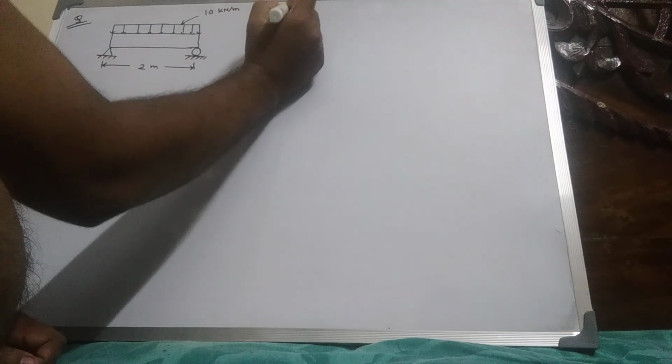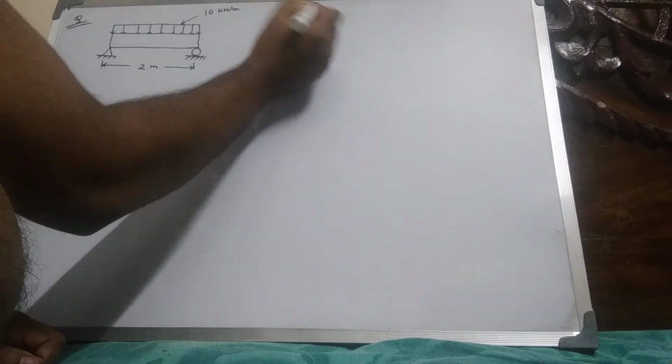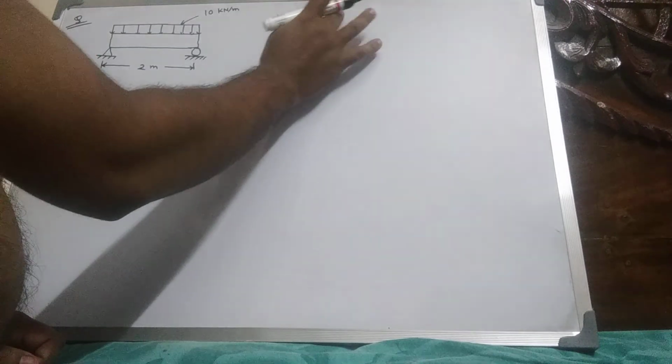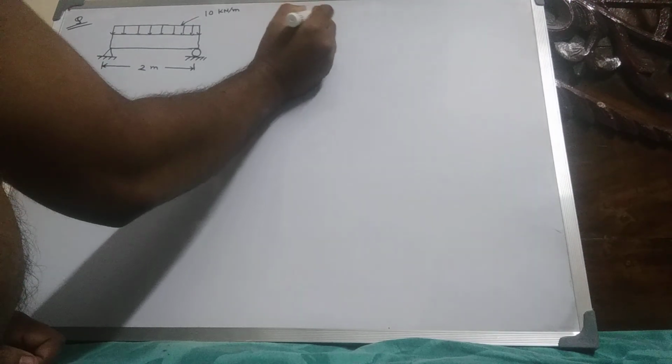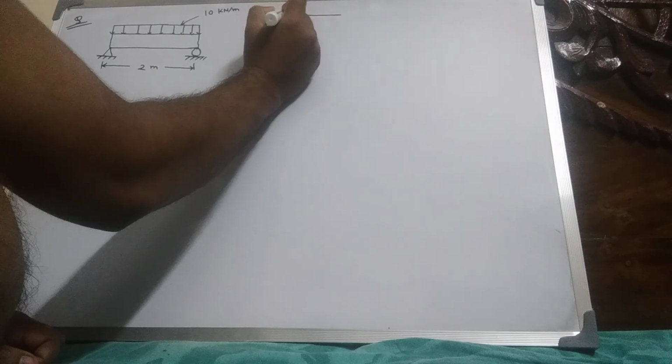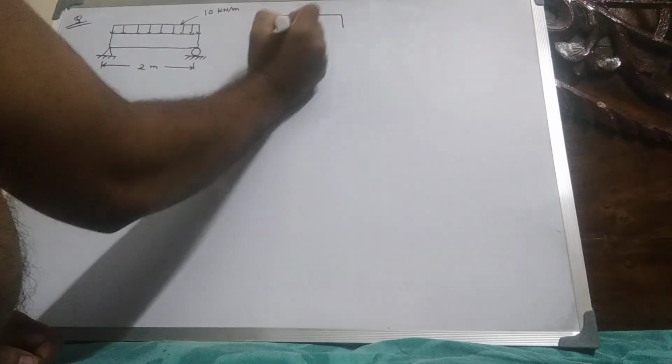The cross section of this beam is a T section, meaning the side view of the cross section, the side view of the beam.